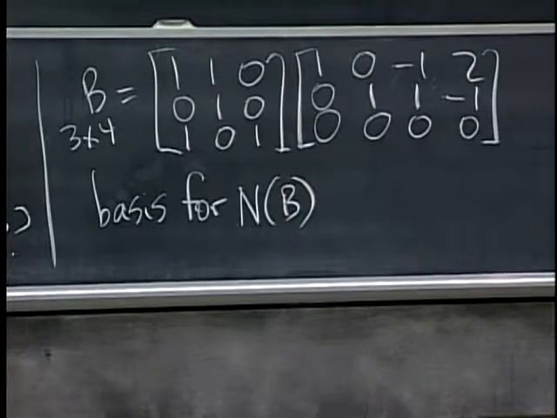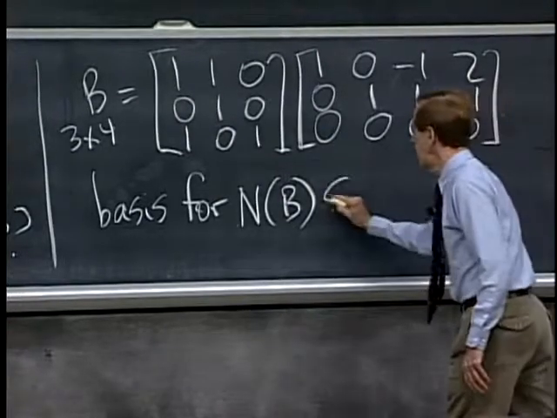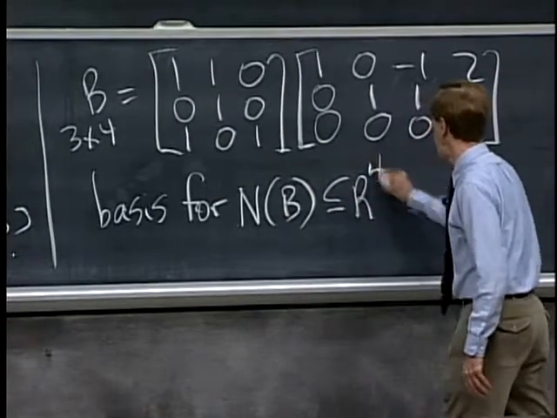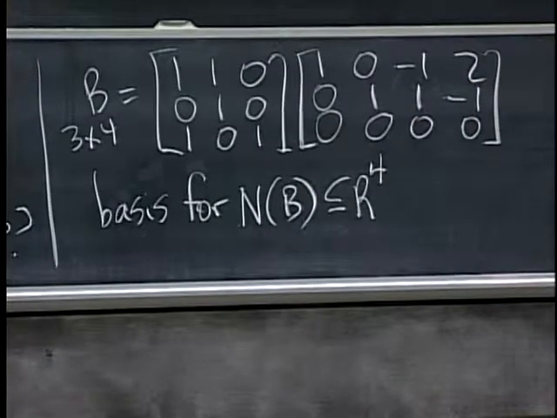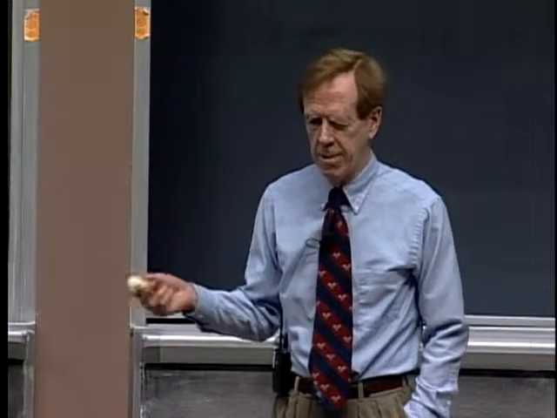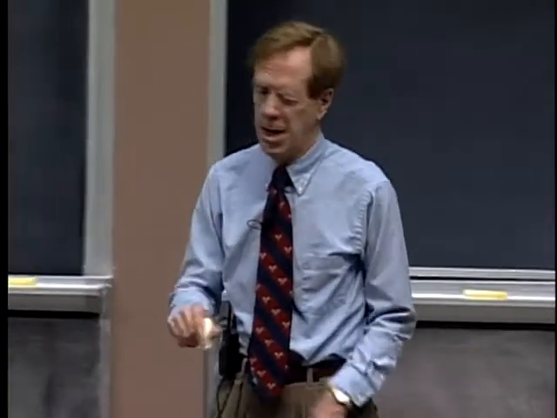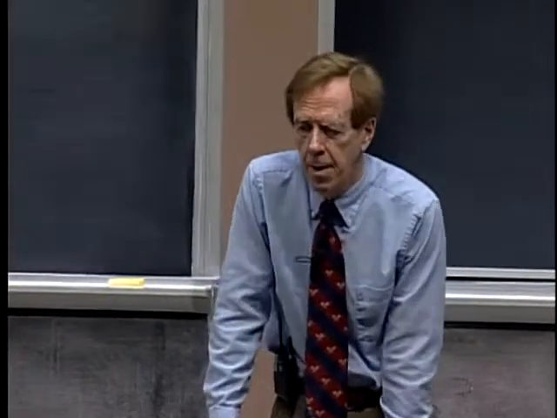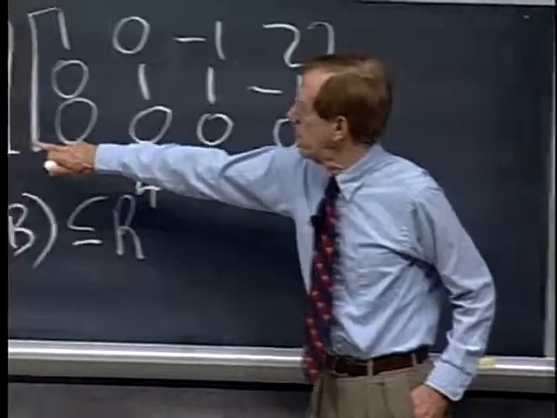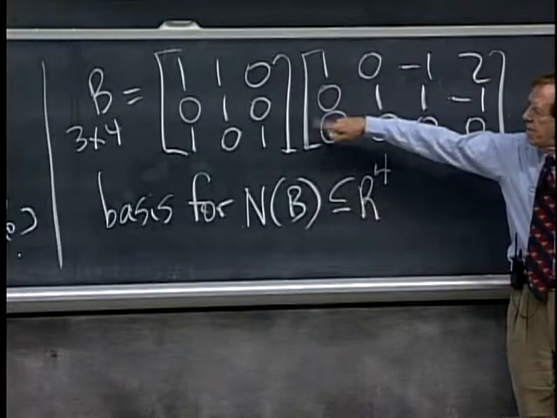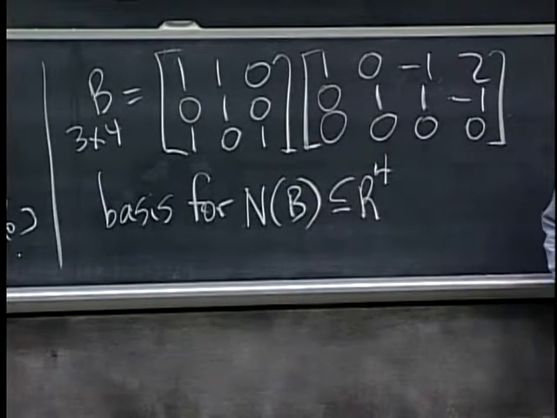So the null space of B is certainly a subspace of R4. What do you think its dimension is? Of course, once we find a basis, we would know the dimension immediately, but let's stop first. What's the rank of this matrix B? Let's see. Is that matrix invertible, that square one there?